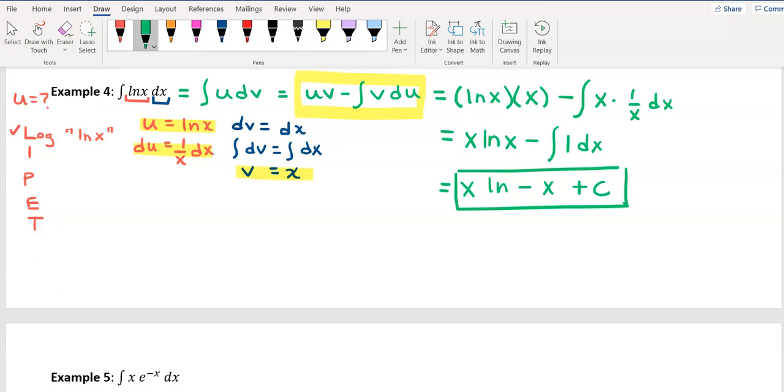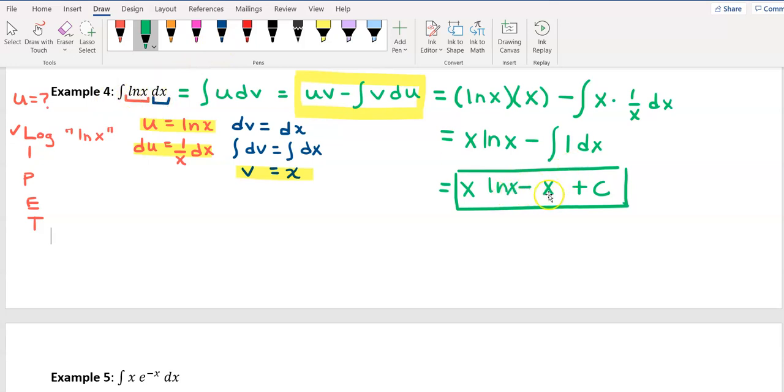So something I want to point out is your answer can, in a way, be checked. We started with an integral and we're going back to this expression here, x ln of x, I realize I forgot my x there, minus x plus c. If we take the derivative of this, we should really end up with what was in the original integrand up here.